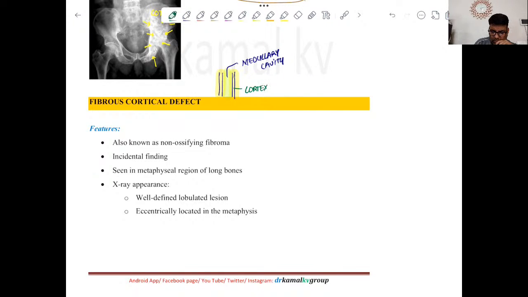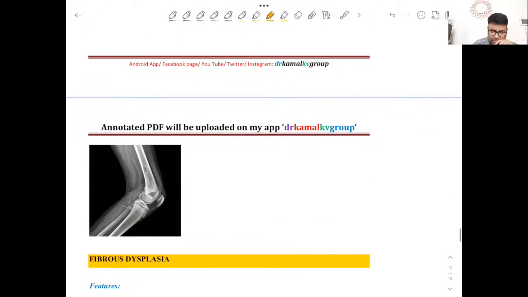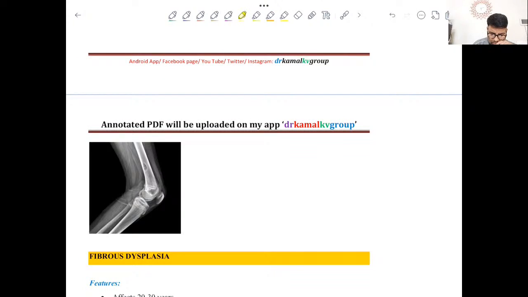Clear? So this is all cortex. So when I am saying fibrous cortical defect, it means we are discussing some condition which is involving the cortex only. So here if you see in the X-ray, there is a fibrous cortical defect.